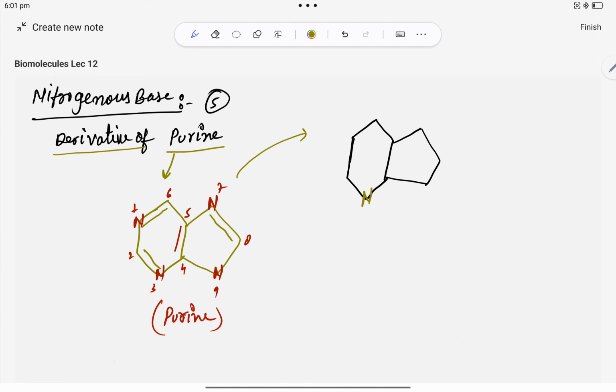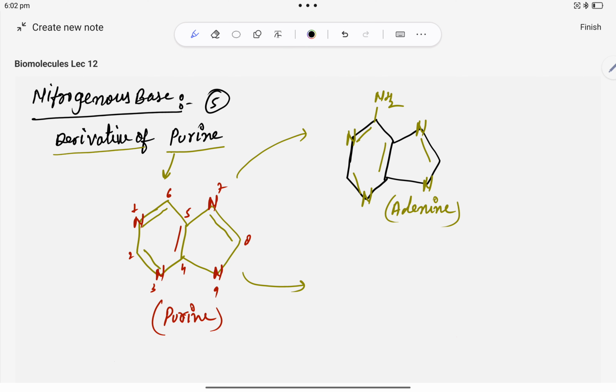Here nitrogen, one more nitrogen here, one nitrogen here, and one nitrogen here, and double bond. This is the double bond condition. Here you have to add NH2. Okay, this is called adenine. That is the base derived from the purine.